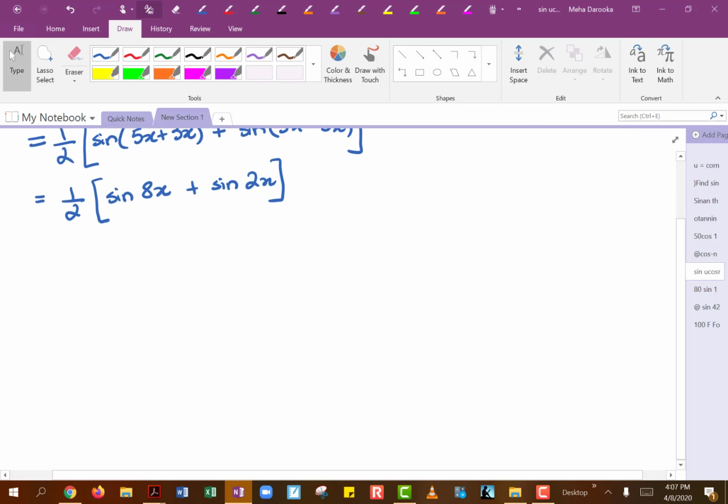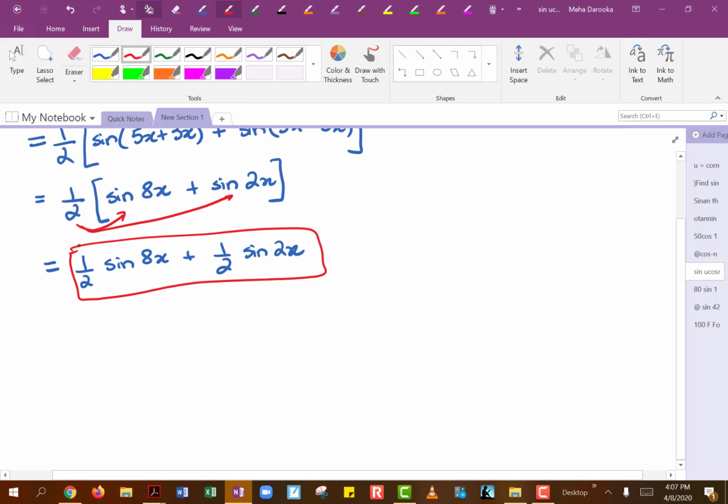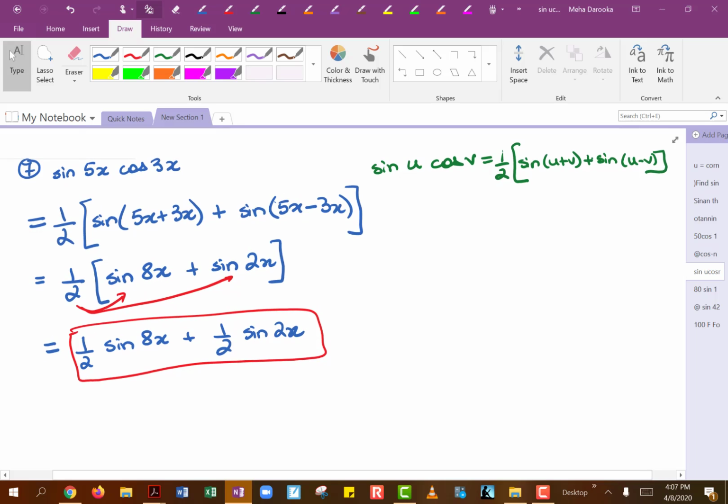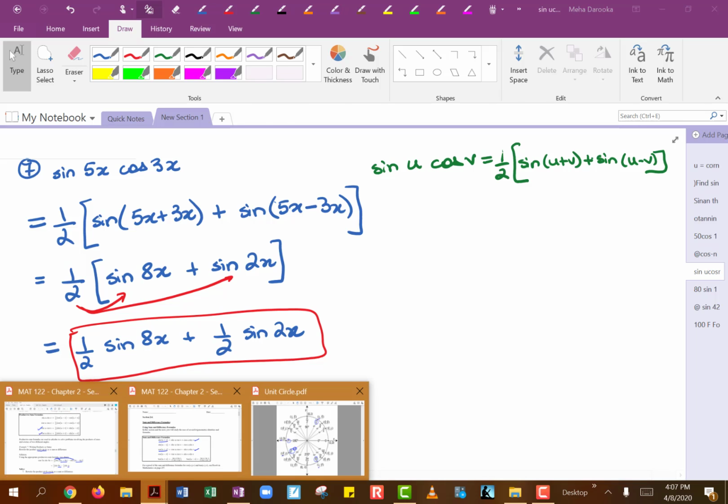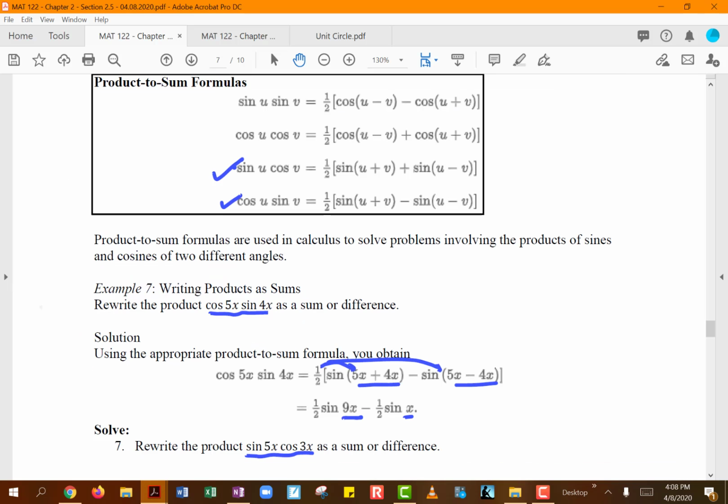Then all we have to do is distribute the 1/2 inside our brackets, which will end up giving us 1/2 sine of 8x plus 1/2 sine of 2x, and that's it. That's all you have to do. So that's how we rewrite problem number 7, by using those product to sum rules.